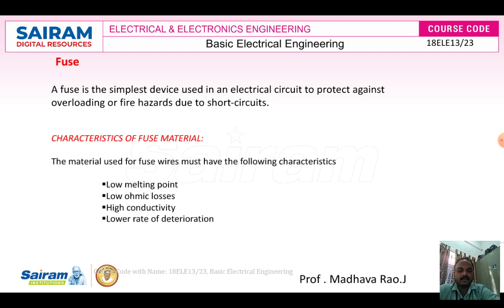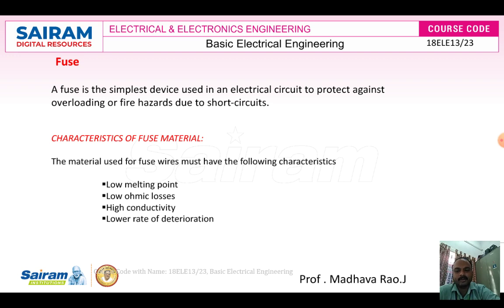And the characteristics of fuse material. A fuse should have a low melting point, low ohmic losses, high conductivity, and a low rate of deterioration. Low melting point: whenever current exceeds, it should automatically melt and break the supply.